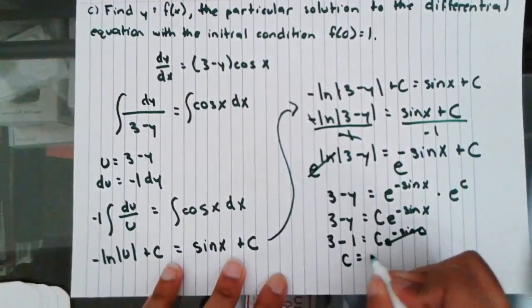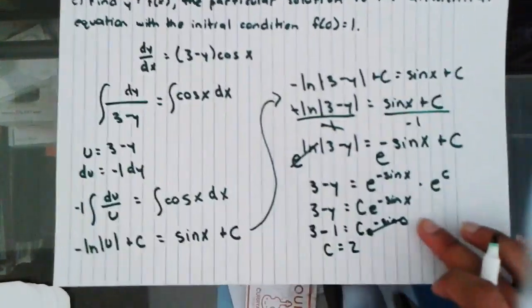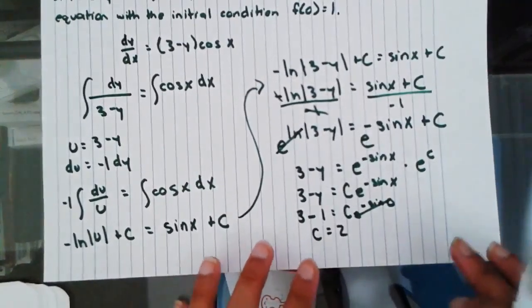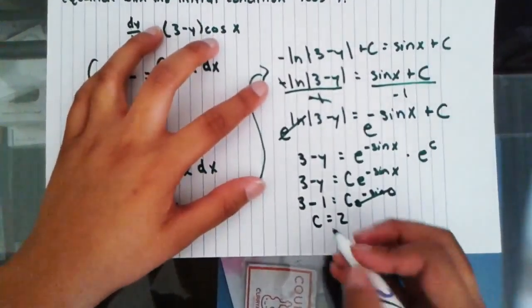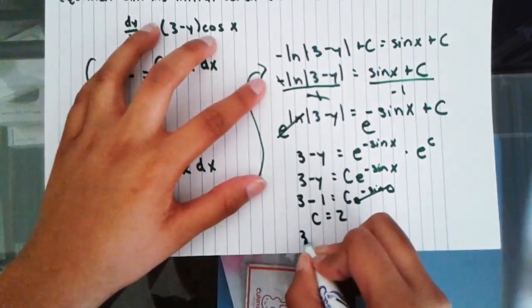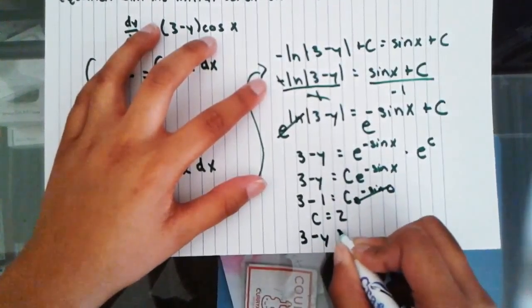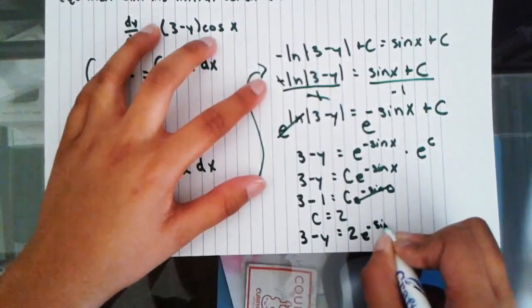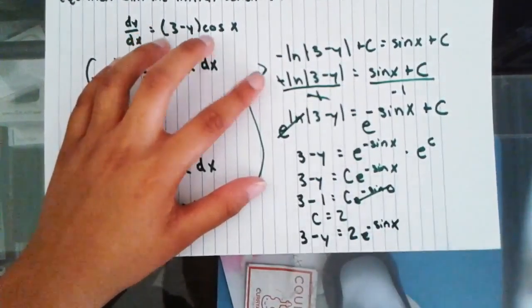So c equals 2, and then we plug that back into the equation we had. So 3 minus y equals 2e to the negative sine of x.